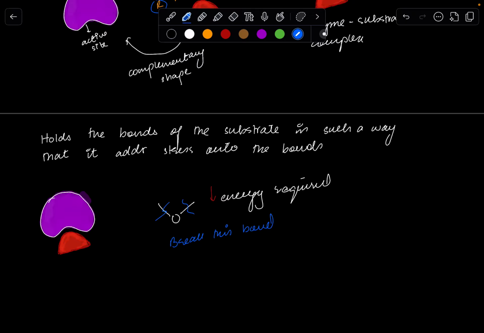And that's how an enzyme catalyzes a reaction. It will hold the substrate molecule in such a way that the energy required to break the bonds is decreased. So if you look at what actually happens to the activation energy, that's exactly why it drops.